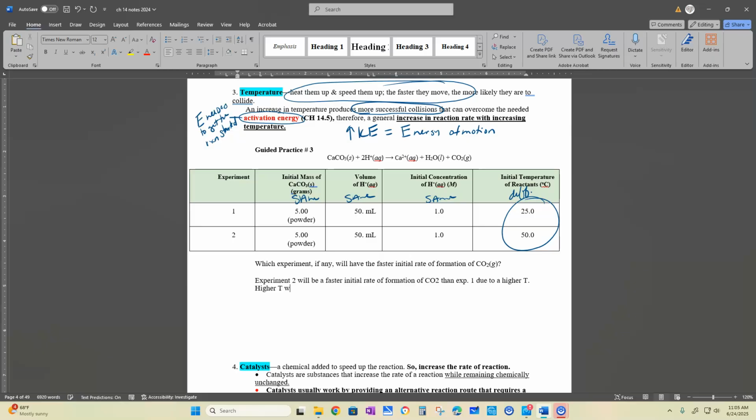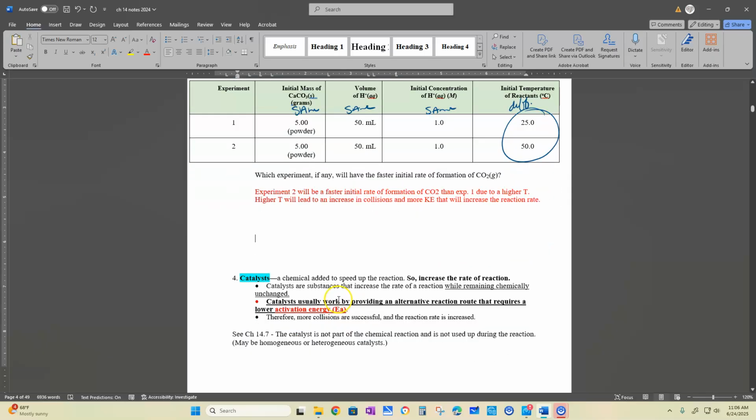A higher temperature will lead to an increase in collisions and more kinetic energy that will increase the reaction rate. Ta-da! See how easy that is? Okay. Man, I like typing. I wish you guys could type too. All right. So that's 3 components.